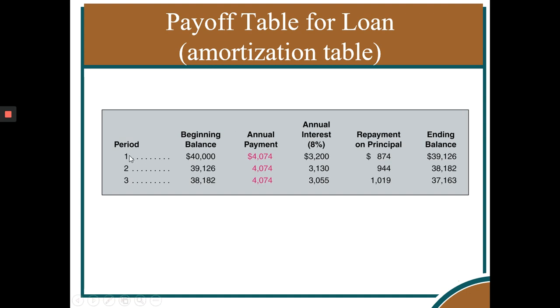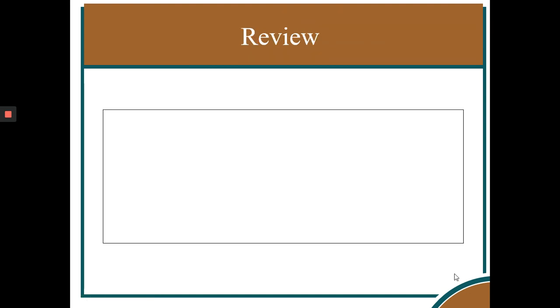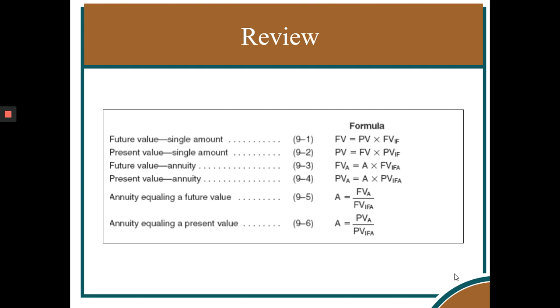Of course, on the 20th year, you will end up paying the full interest and principal, and your ending balance will be zero. So this is just the formula that you can remember, and all of it here includes the interest factor annuity.